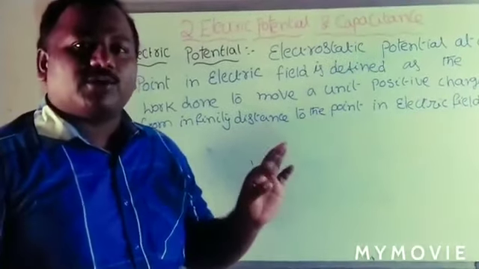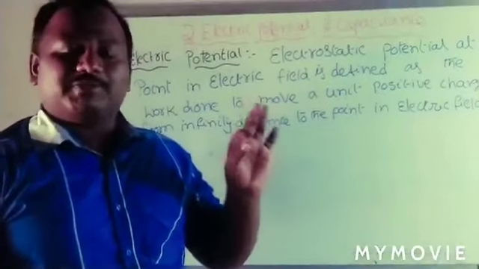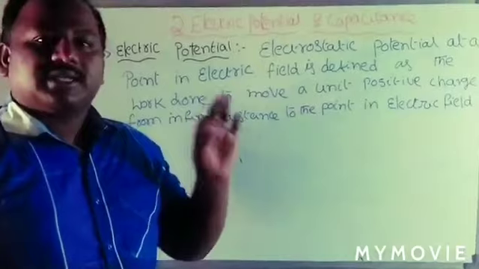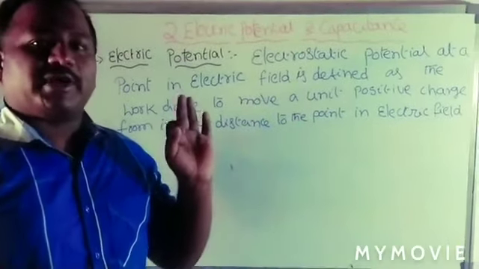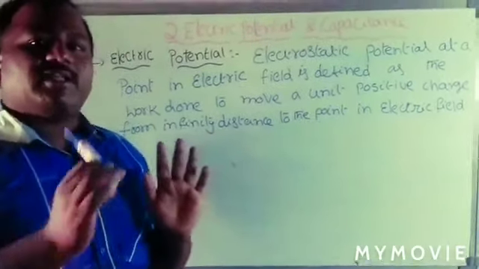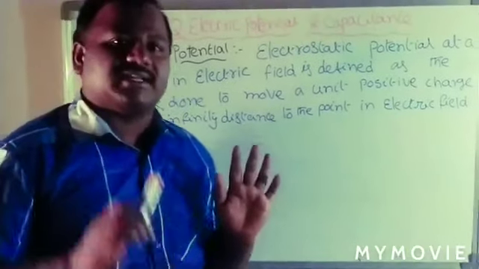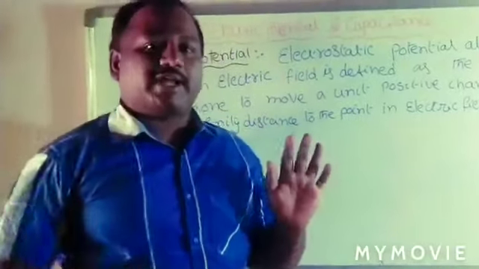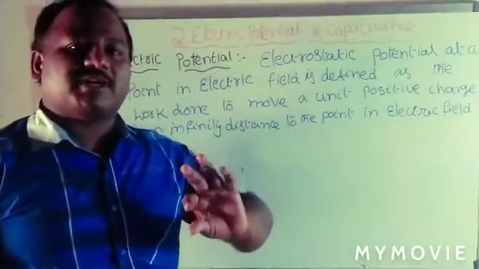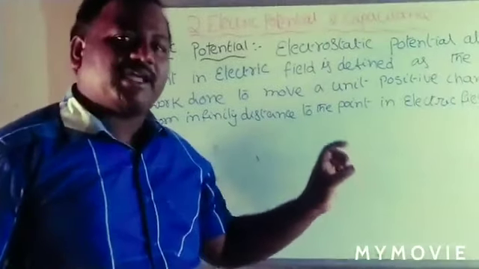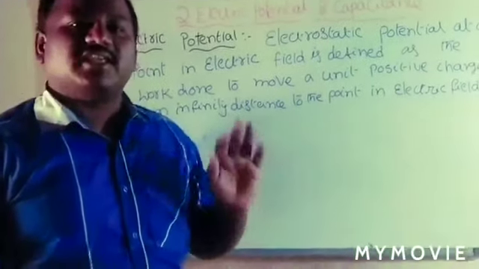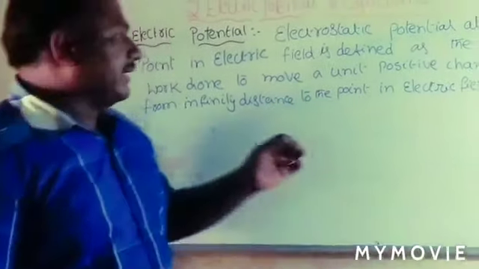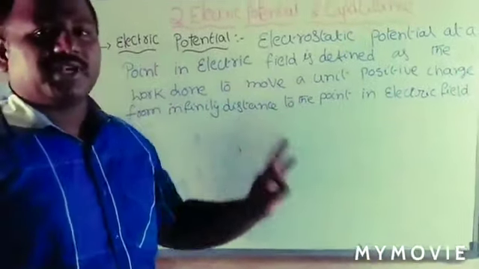Where we have to find the electric potential, that point can be considered as the exact point P. To find the potential at that point, we consider the charge moving from infinite distance to that point. Then the potential difference between the potential at the point P and infinite distance is taken as work done per unit charge.